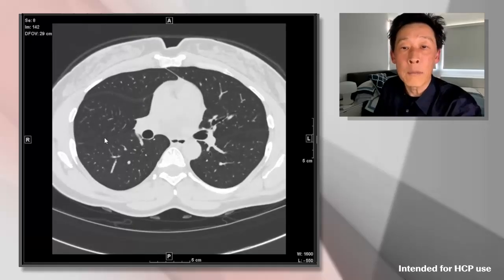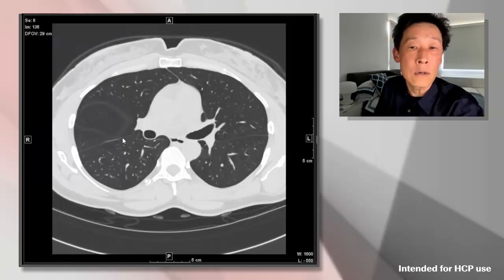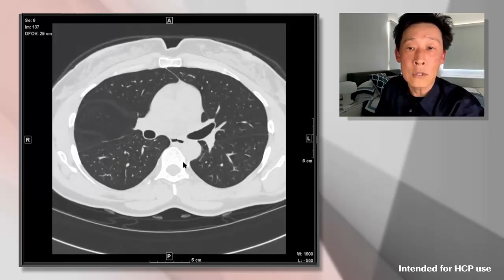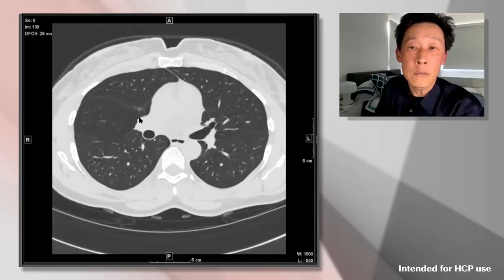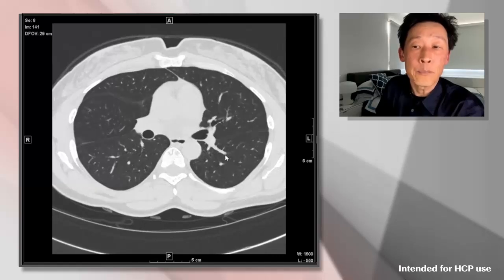Because the minor fissure travels in a more horizontal plane, we don't cleanly see it as a very nice linear marking like we do with the major fissures. So here we've got all three lobes: right upper lobe, the emergence of the right middle lobe, and the right lower lobe here. On the left, we have the left upper lobe and the left lower lobe here.